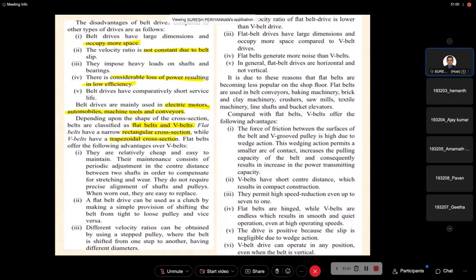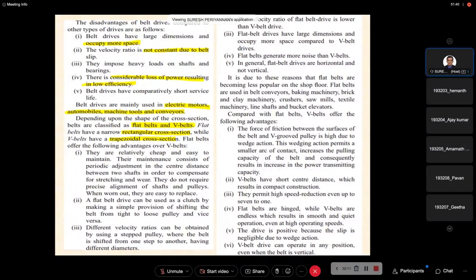But even the V belt is used to obtain different speed mechanisms, especially in lathe machines. However, the pulleys are a more complex design compared to the flat belt mechanism. Both belts can be used to obtain different speeds, and flat belts have easy design and fabrication.